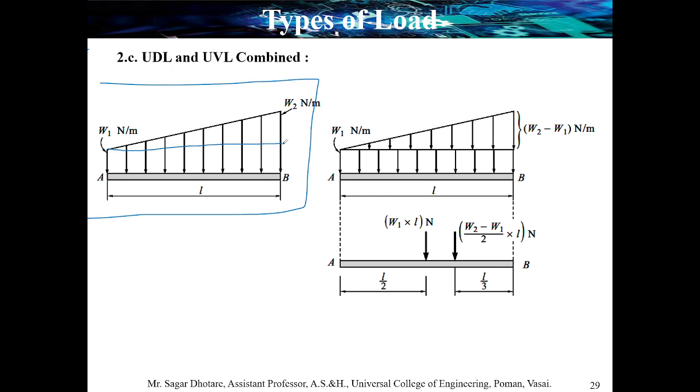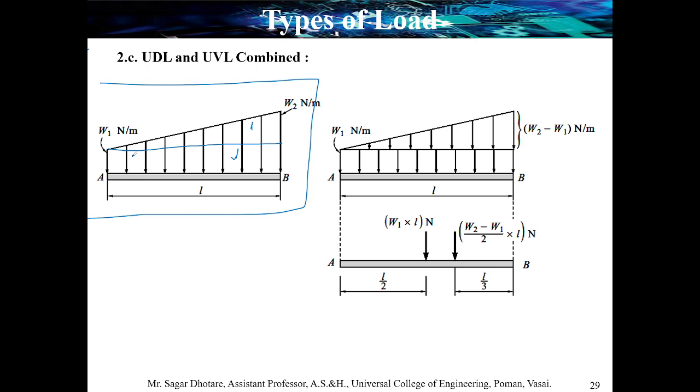The bottom area is a rectangle and the top area is a triangle. So the uniform distributed load is the rectangle, and the uniform variable load is in a triangle shape. We can solve one by one.